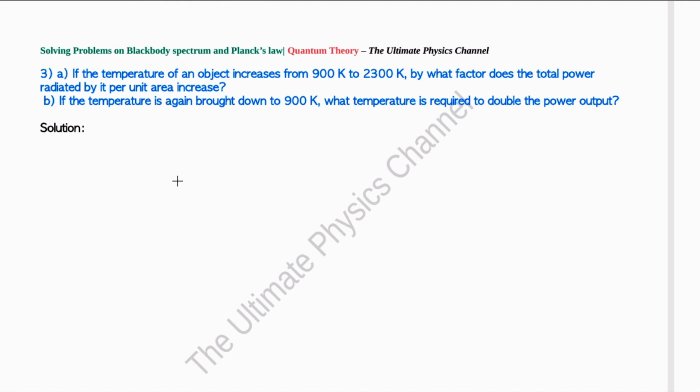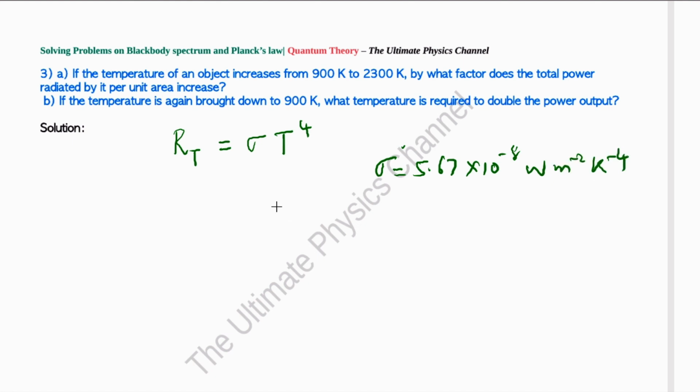So we know the expression for that, R as a function of T is sigma T power 4, where sigma is the Stefan's constant having the value 5.67 into 10 power minus 8 watts per meter square per Kelvin power 4.